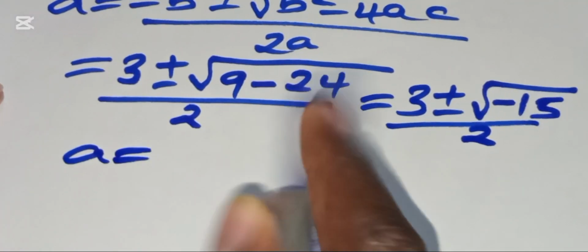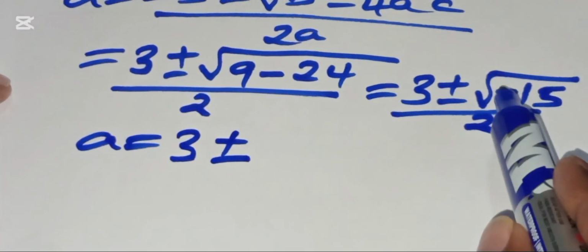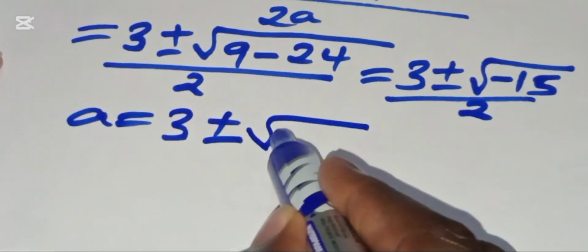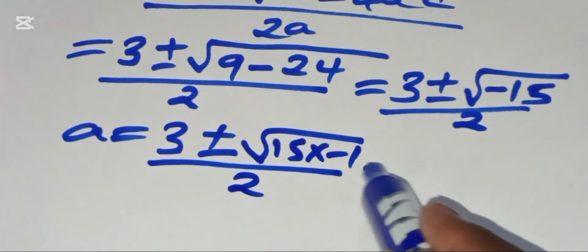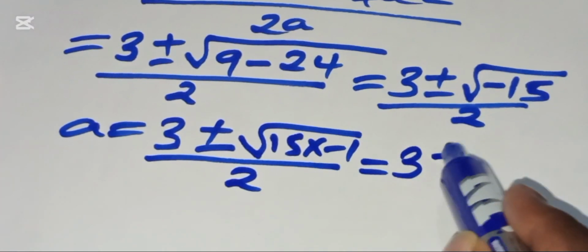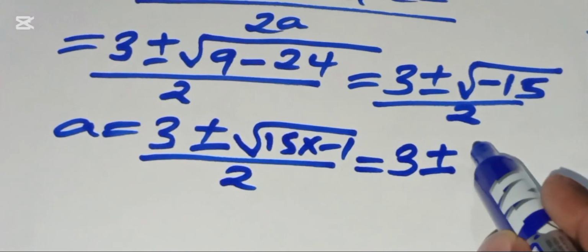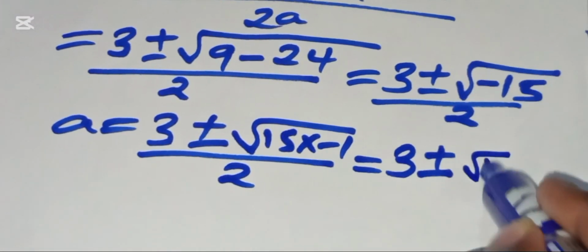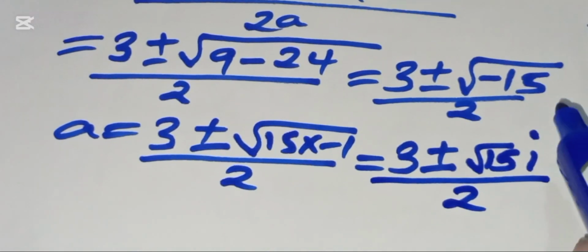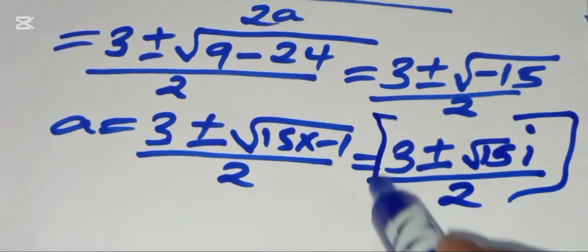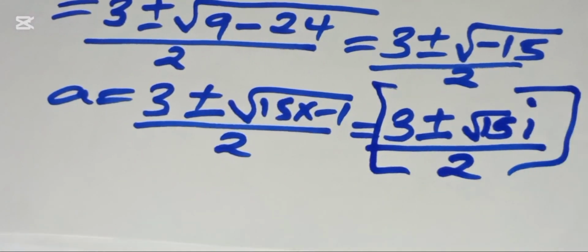Now, from what we have here, this is 3 plus or minus. Now, this is the same thing as 15 times negative 1 divided by 2, which you can express as 3 plus or minus. Now, the square root of negative 1, this is i, okay? We'll have the square root of 15 multiplied by i, everything divided by 2, okay? So that means that we have two complex roots here.